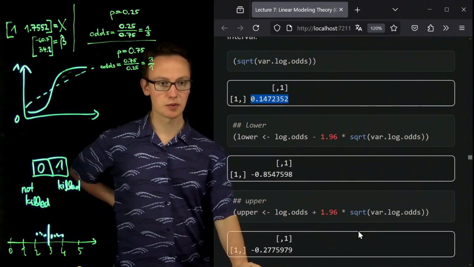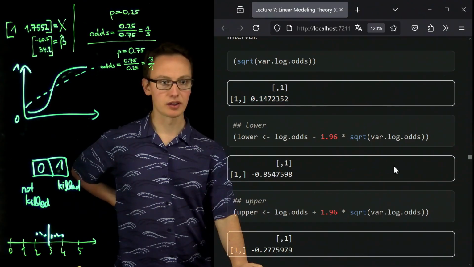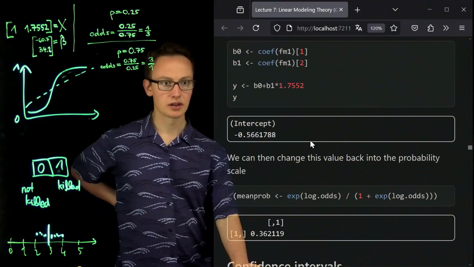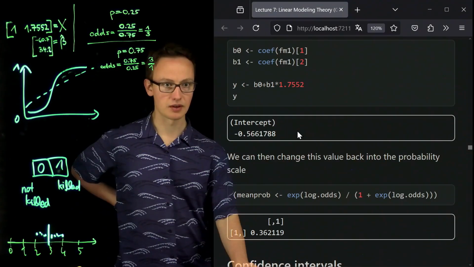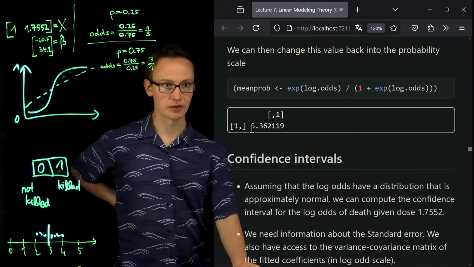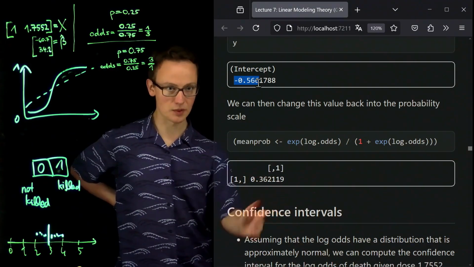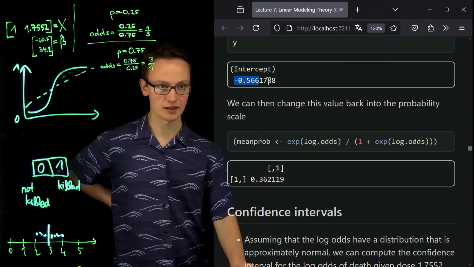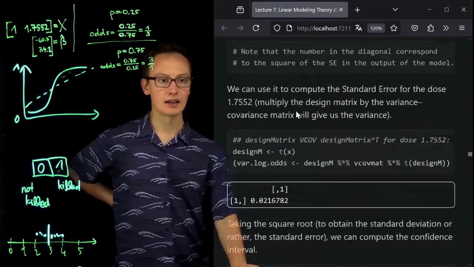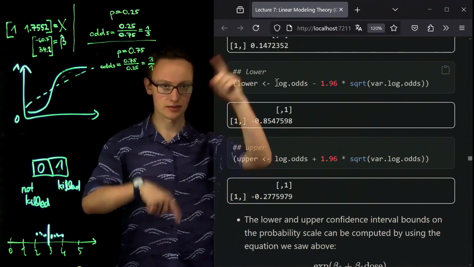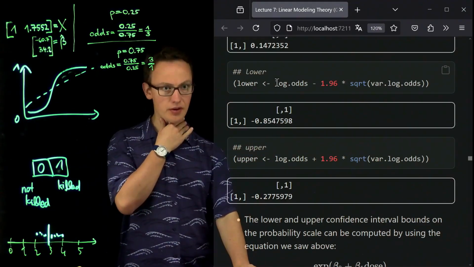The way to do this would be to say, okay, we have our original log odds, which recall were the following. So we had generated that prediction, right? Minus 0.566 log odds, which corresponded to a probability of 36%. So that's our log odds. And we now want to know basically how much uncertainty there is around that estimate.